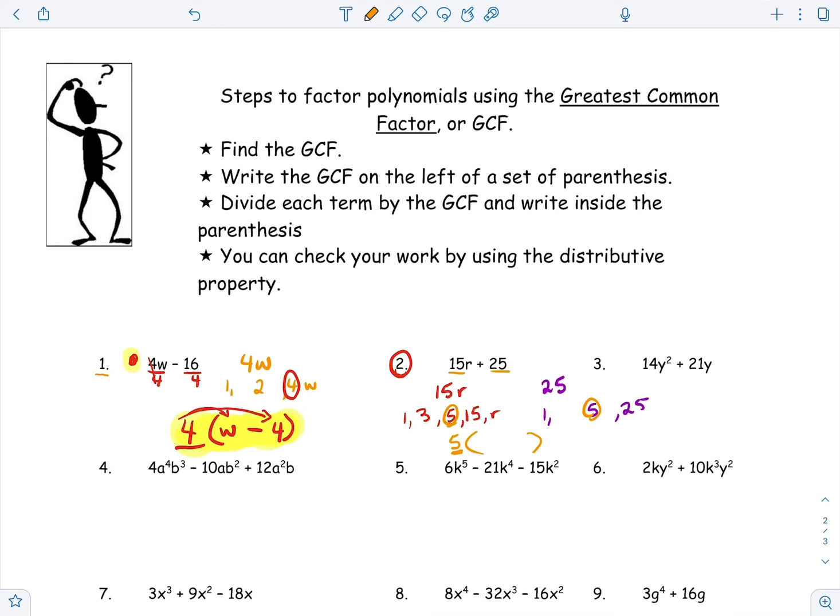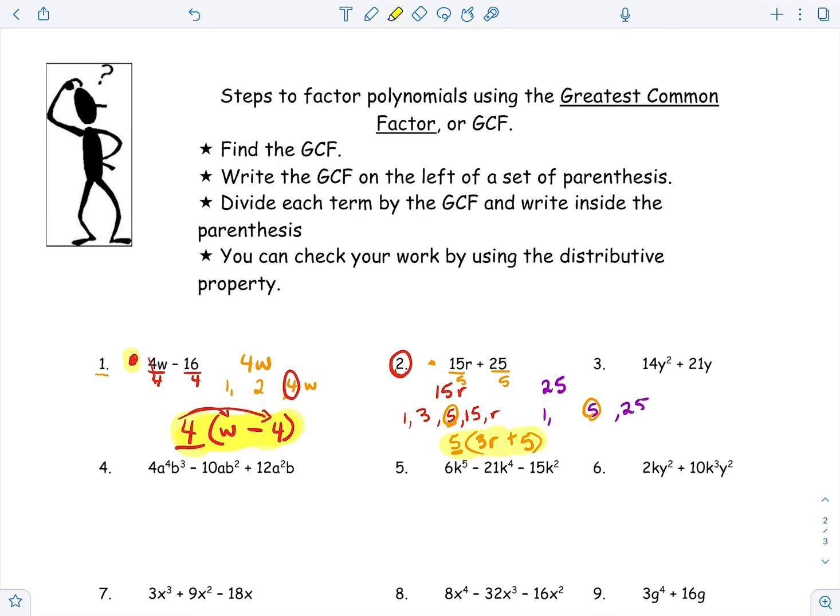We divide each term by that greatest common factor. 15r divided by 5 leaves us with 15 divided by 5 is 3. So that's 3r. Plus 25 divided by 5 is 5. So our factors of 15r plus 25 are 5 and 3r plus 5.